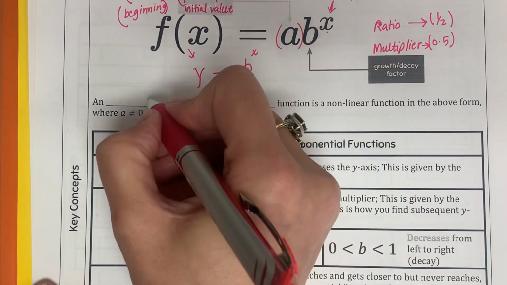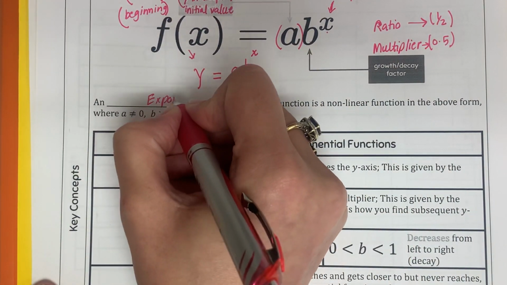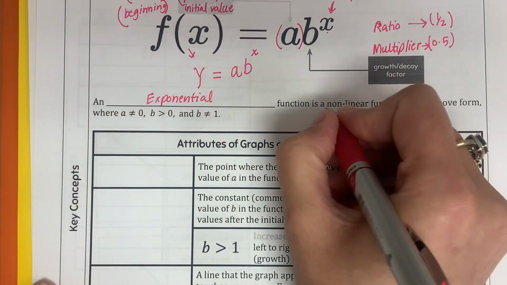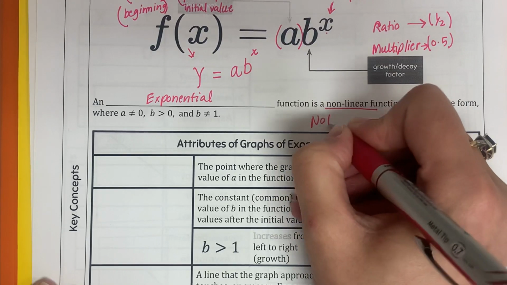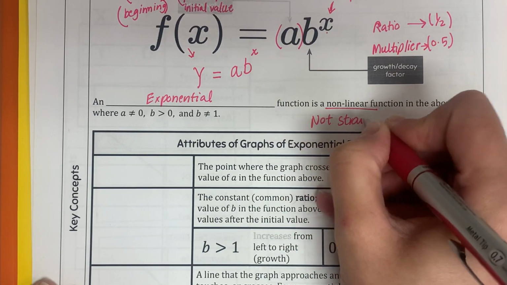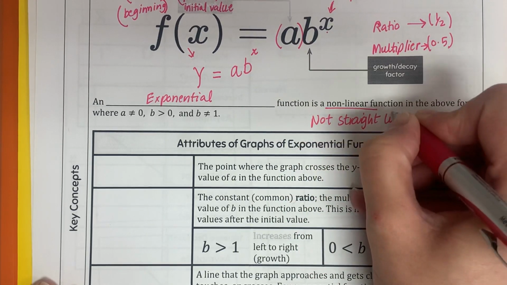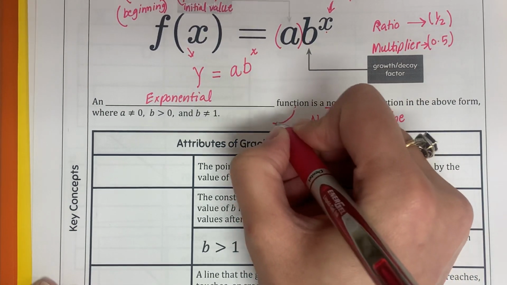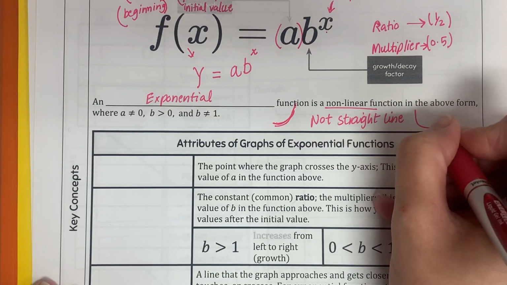An exponential function is a non-linear function, so it is not a straight line. They are curved. They are going to be like this. They could be going down.